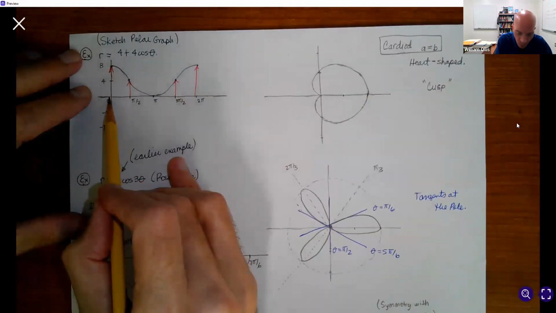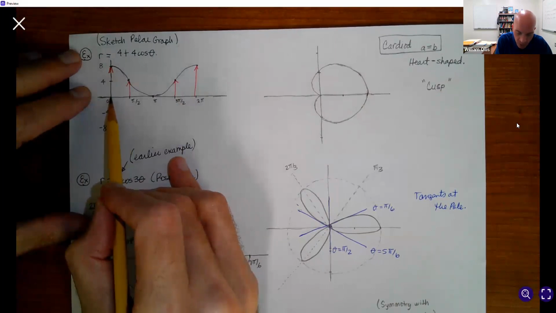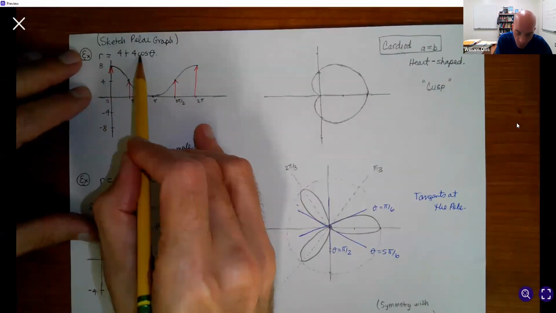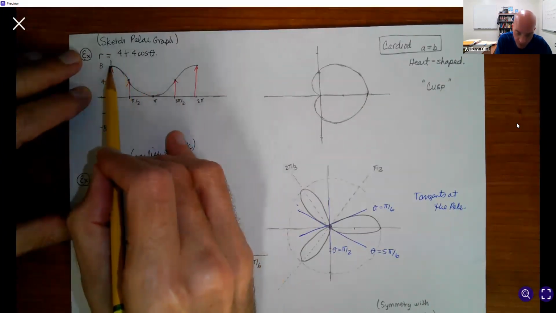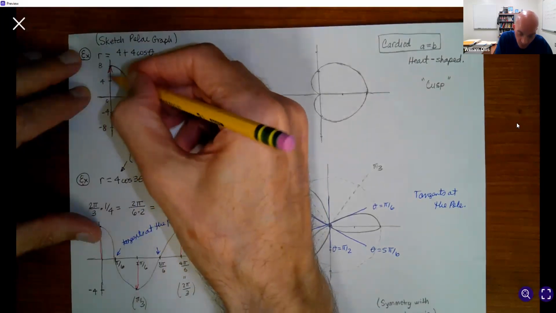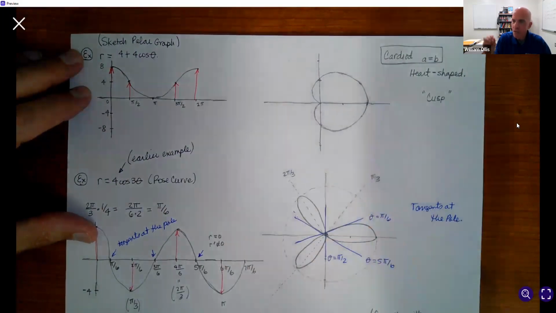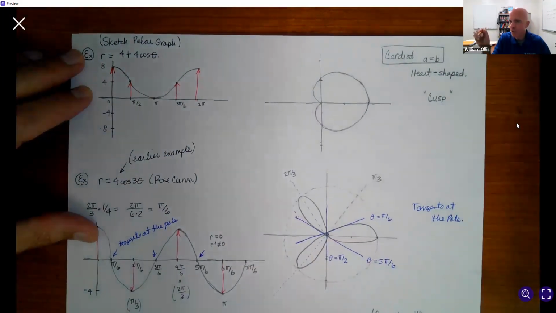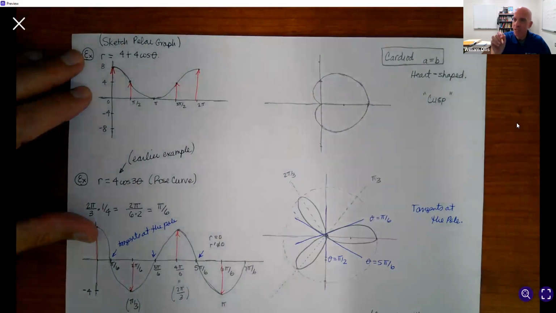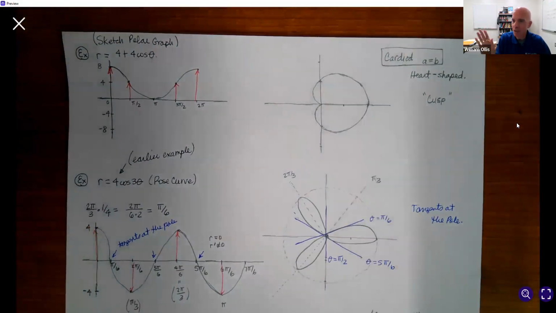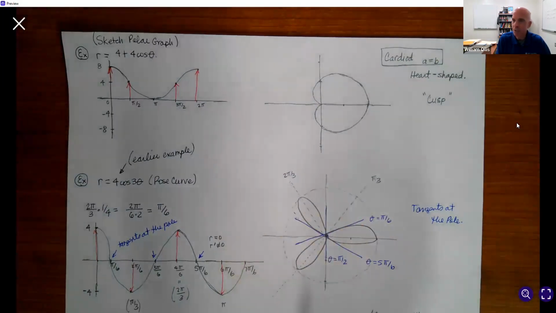So again, when theta is equal to 0, we get 4 times 1 plus 4, which gives us 8. So we have a value of r here, which is 8. And when you draw this, you just develop a very simple scale and increase and decrease in a manner that allows you to get a reasonable sketch. This is not going to look like a computer depiction, of course.